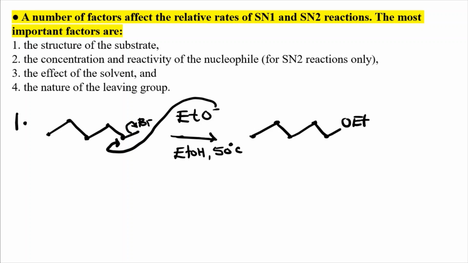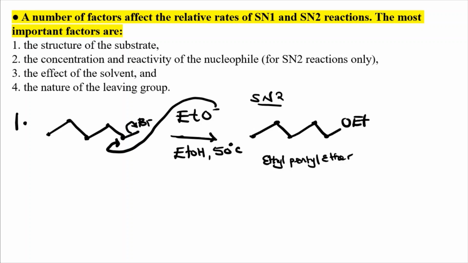So this is ethyl pentyl ether. So this will occur by SN2. So the mechanism by which this occurs is SN2.